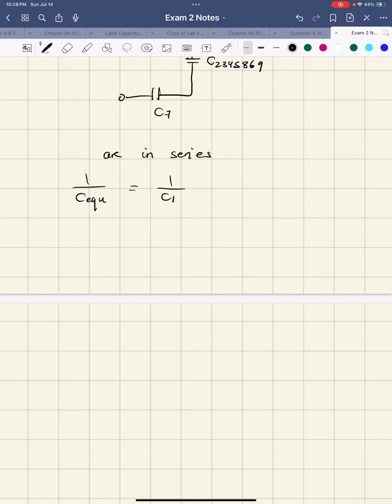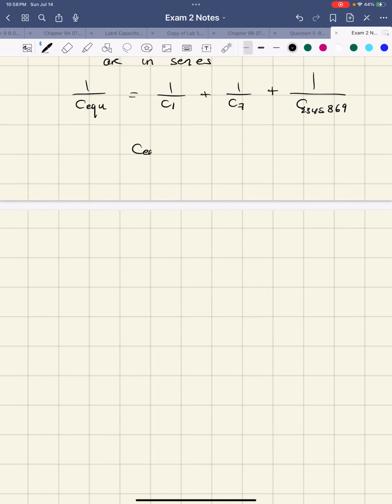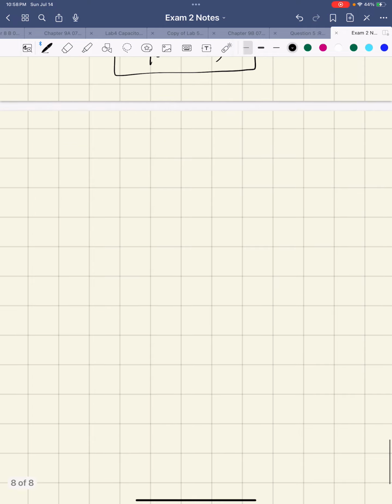It is 1 over C1 plus 1 over C7 plus 1 over C2,3,4,5,8,6,9. And I can go again to 2.3 microfarad. Then the equivalent for all these is, okay, my circuit ended up being only one capacitor, that is 2.3 microfarad.